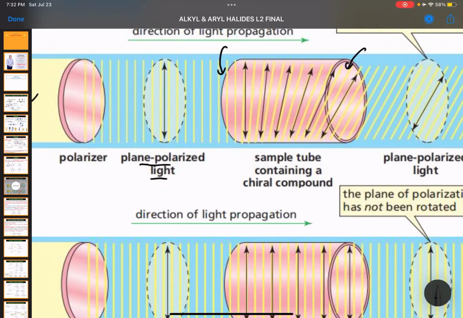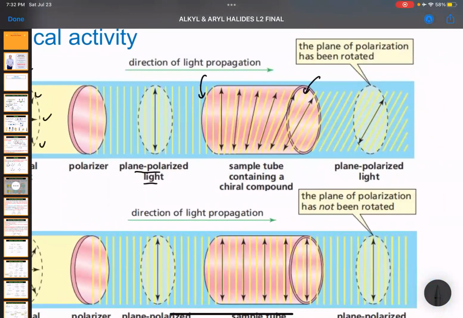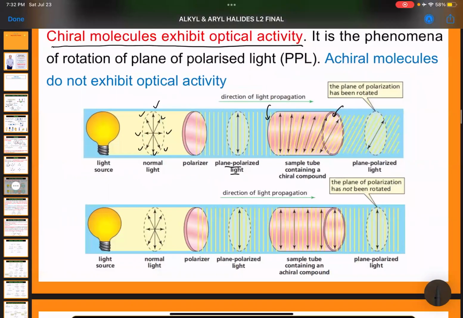You make a solution of it and fill this tube. The polarized light passes through this tube, and if the polarized light rotates, you can see it over here, then the molecule is considered to be an optically active molecule, or a chiral molecule.